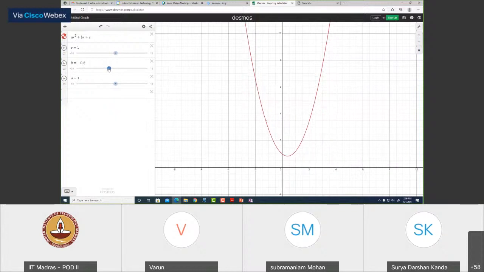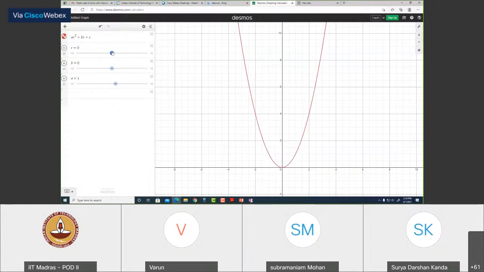Okay, so ax squared plus bx. Now, how does c work here? C determines how far the vertex is from the x-axis. As we increase c, the parabola goes up and up.